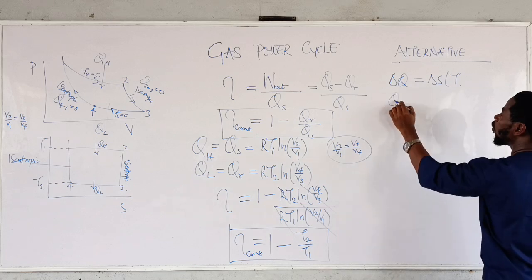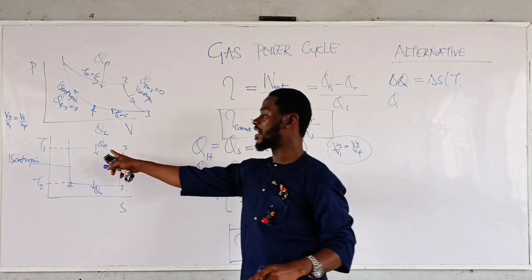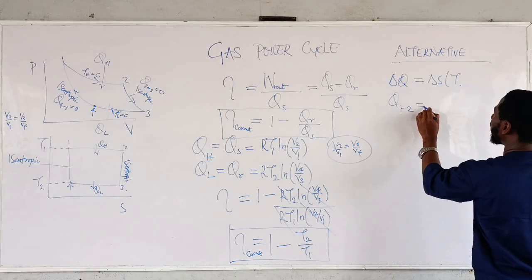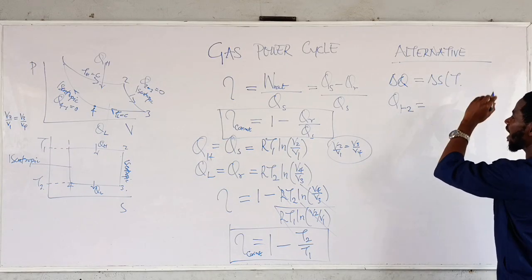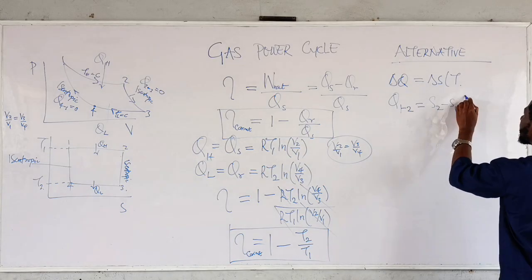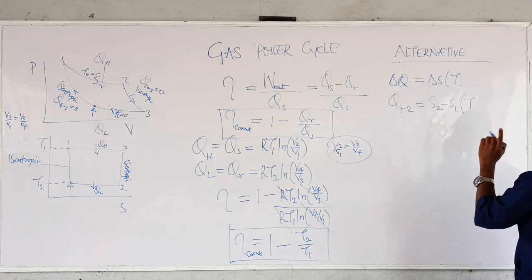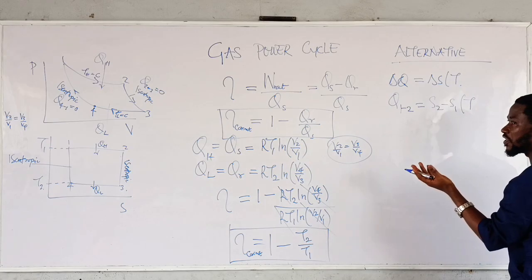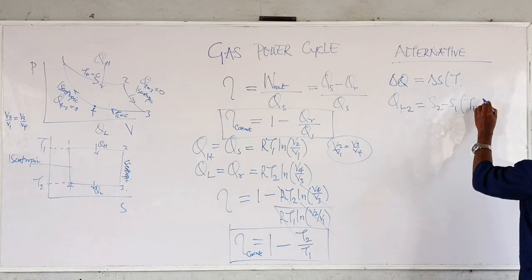T. So Q1 to 2, this is where it is being added. It is Q1 to 2, yes or no? Q1 to 2 equals S2 minus S1 into bracket T, which is the temperature added to the system, TH.